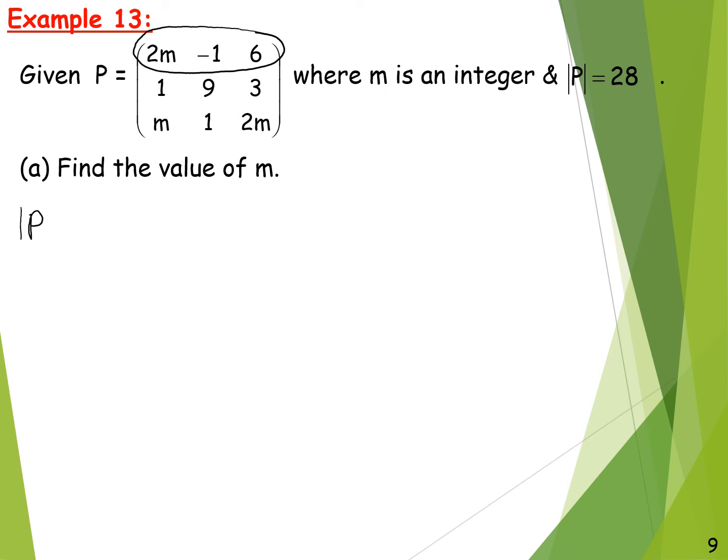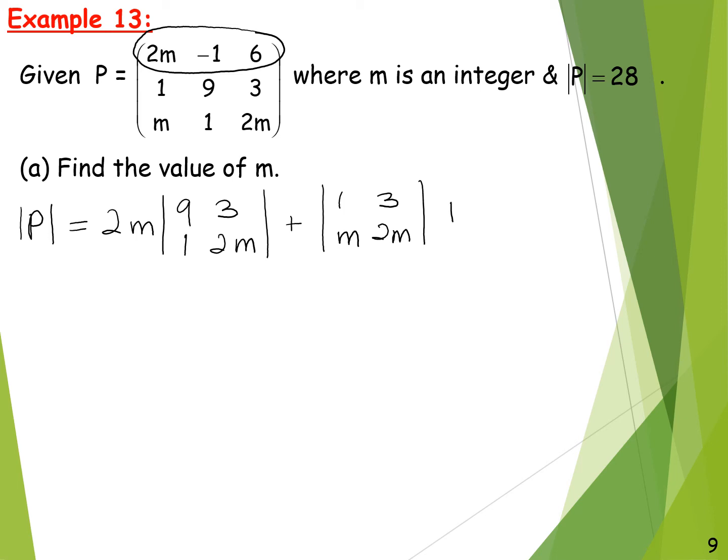So the determinant of P is equal to 2m times the determinant of 9, 3, 1, 2m, plus 1, 3, m, 2m, plus 6 times the determinant of 1, 9, m, 1, and given that the determinant is equal to 28, we equate it to 28.